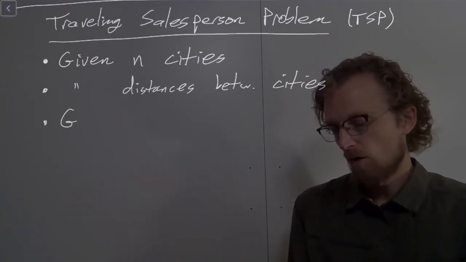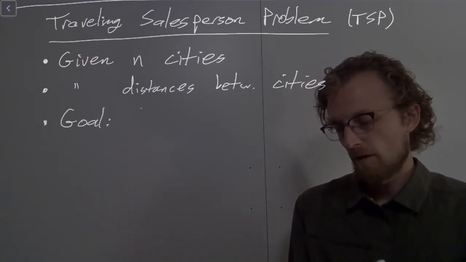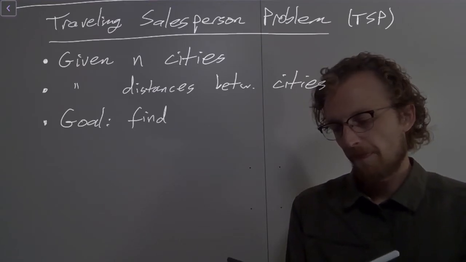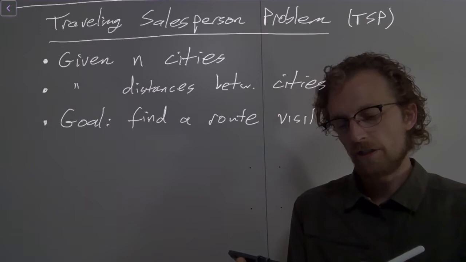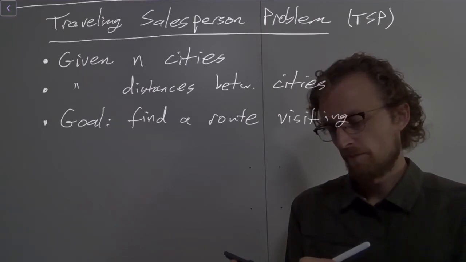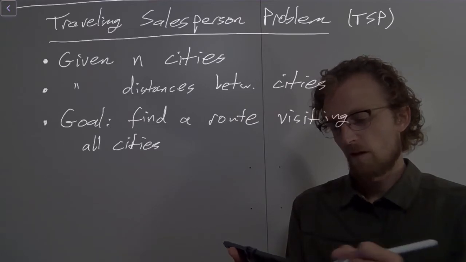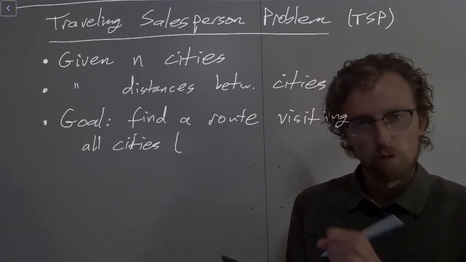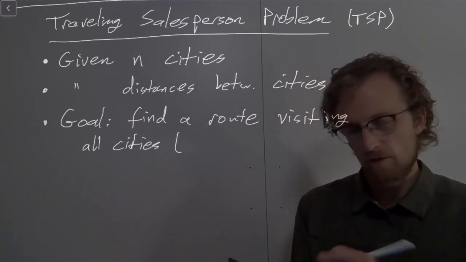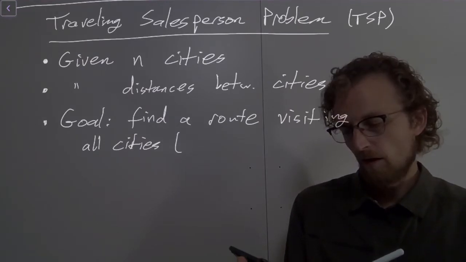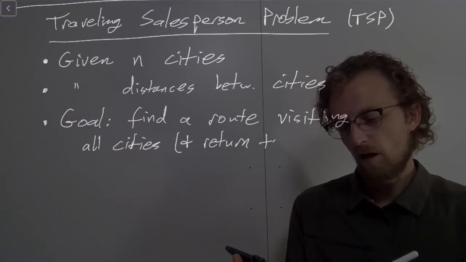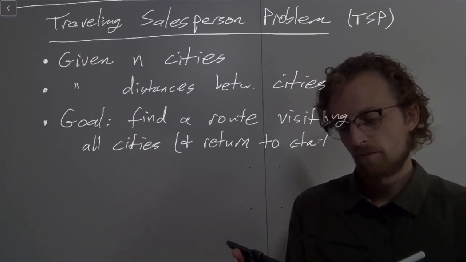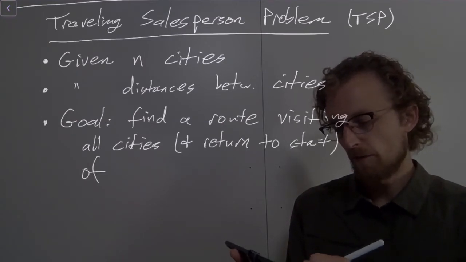So your goal is to find a route visiting all cities, returning to its initial location. So it's returning to its starting point. And return to start of minimum distance.